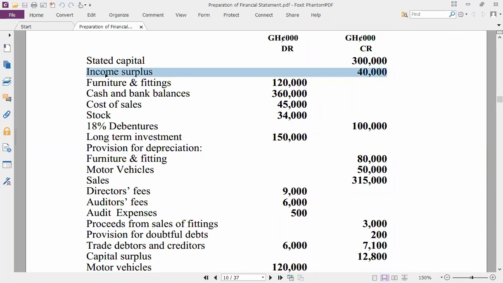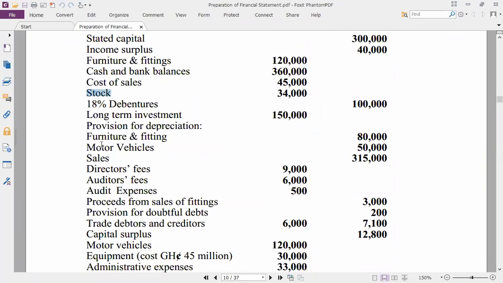Income surplus, no. Furniture activities, no. Other income, one after the other.